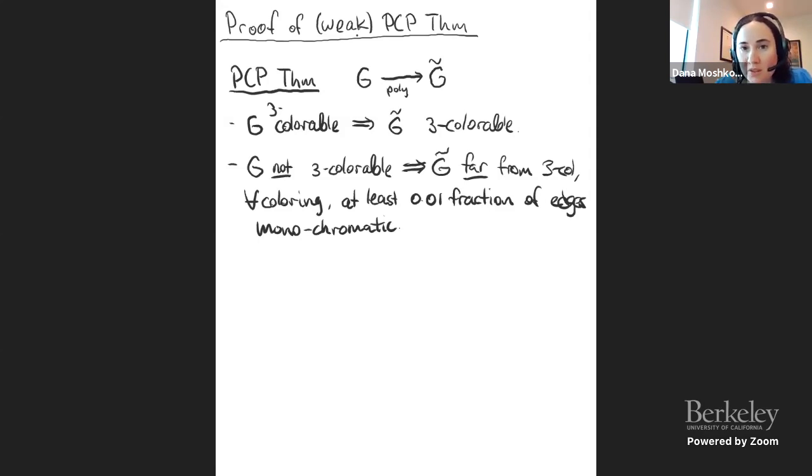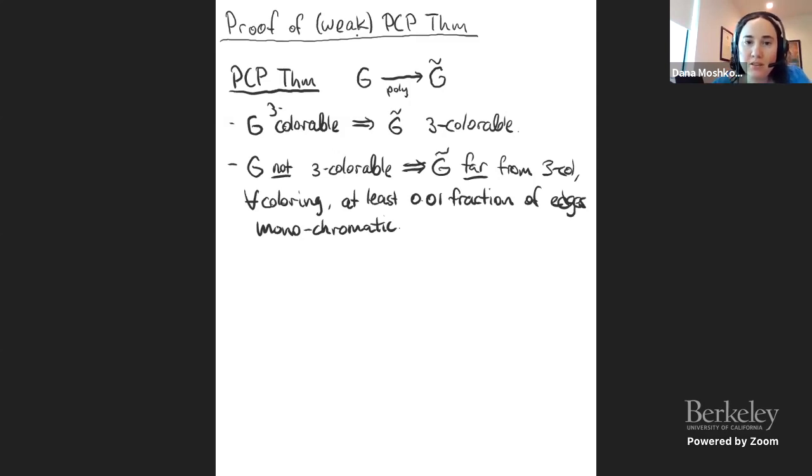It means in particular that we consider G tildes that are polynomial size. No one knows how to efficiently figure out whether G is three-colorable or not. And yet we have this transformation that makes the fact that the graph is not three-colorable manifest in a very large way.